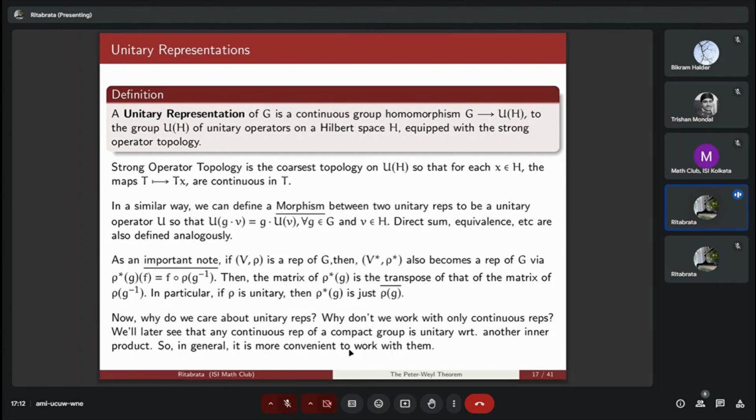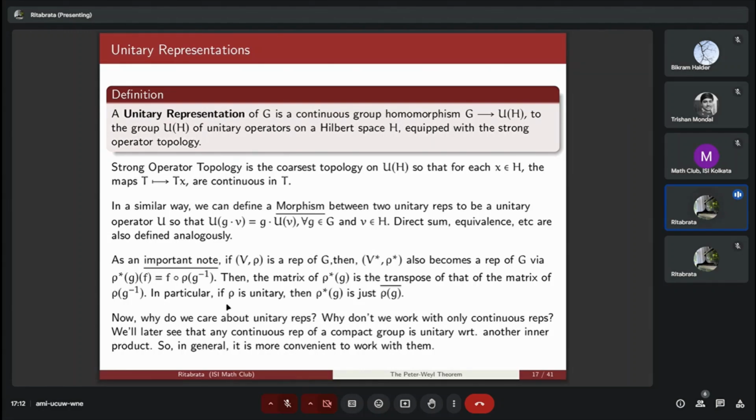As an important note, if (V, rho) is a representation of G, then the dual space V star also becomes a representation of G in the obvious way that we have defined earlier. In this case, the matrix of rho star of G is the transpose of the matrix of rho of G inverse.